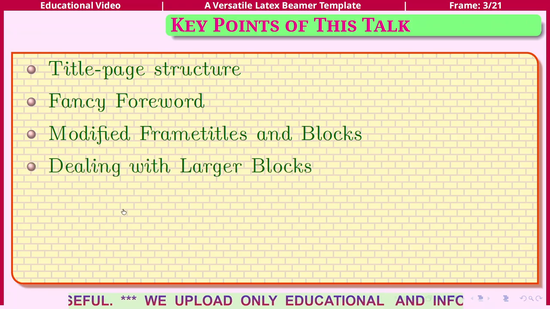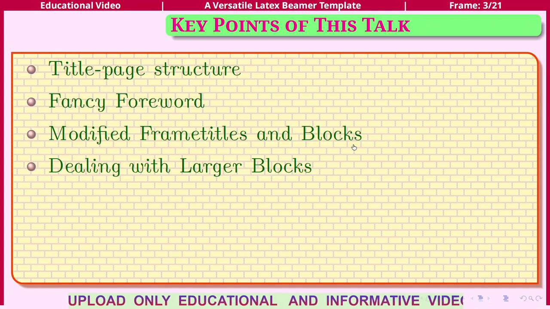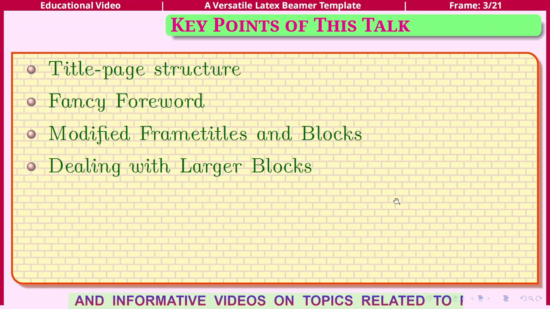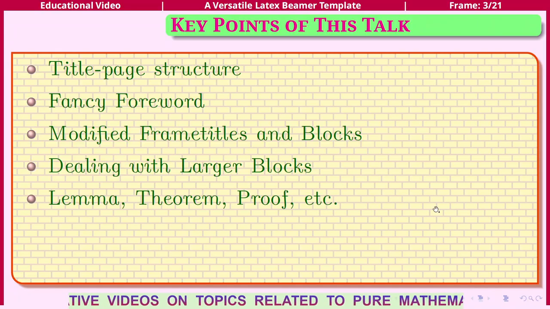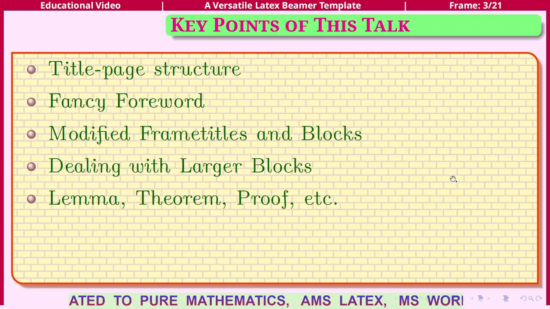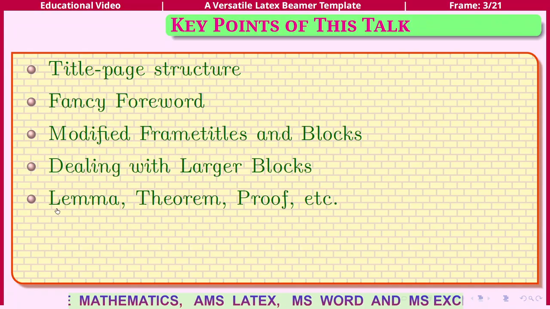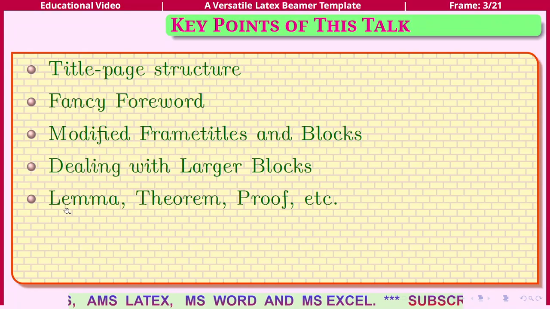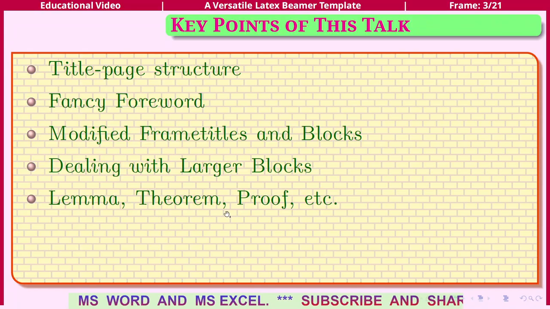Okay. Then if the blocks are larger, then how to deal with it? So we'll discuss all these things, and then this template is compatible with lemma theorem environment, proof environment.